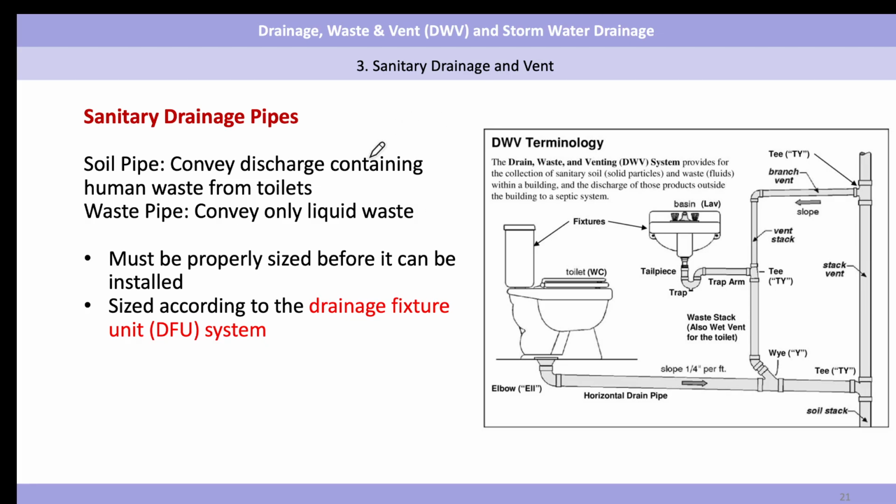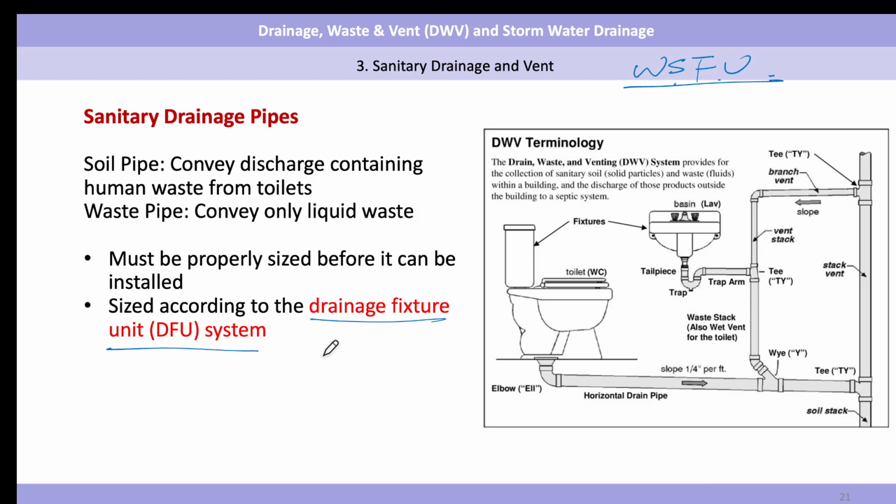And this section, we already learned some terminology for the drainage system. We have to consider how to find the appropriate pipe size for the drainage system. Like in the last lecture, we learned what is WSFU. We use it to find the appropriate supply pipe size, supply fixture unit. So the drainage fixture unit is for the drainage system.